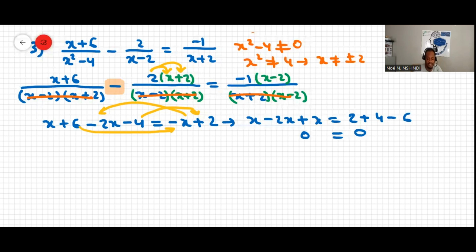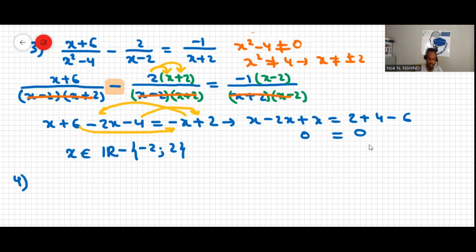This is the case where all x values are answers except those of the restriction, plus and minus 2. So the solution is all real numbers except negative 2 and 2.